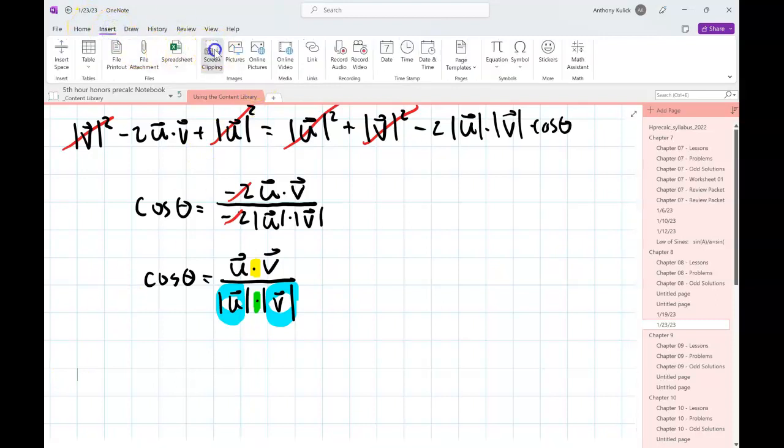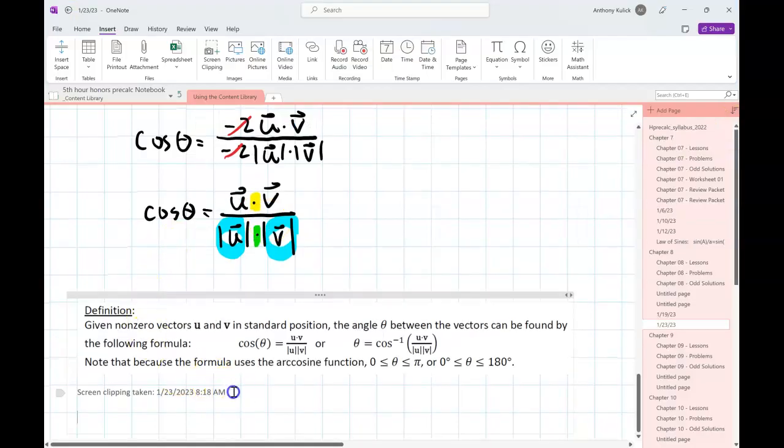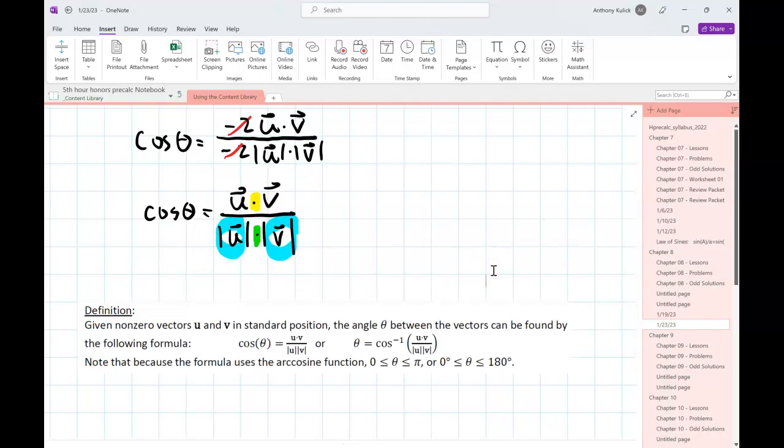So let's go ahead and kind of formalize this. Given two non-zero vectors, u and v, in standard position, the angle theta between the vectors can be found by the formula that we just developed.